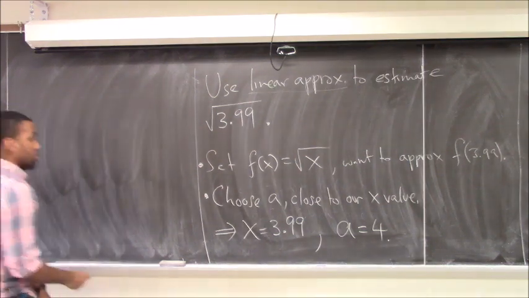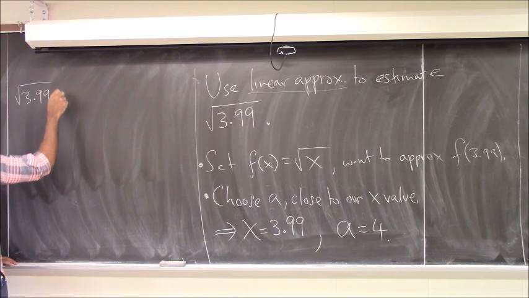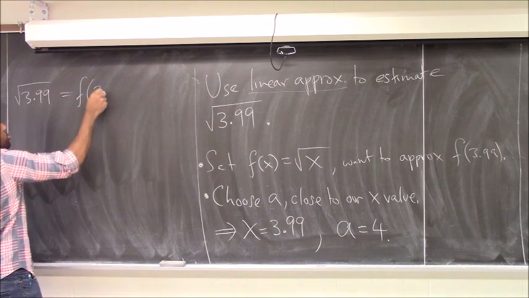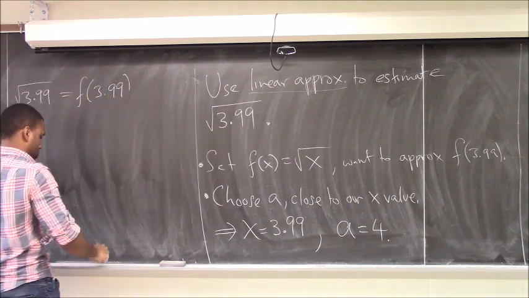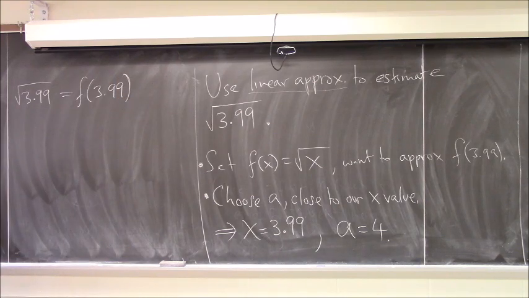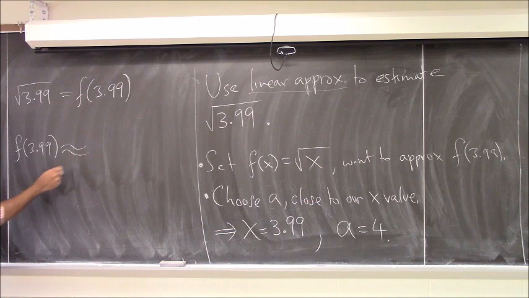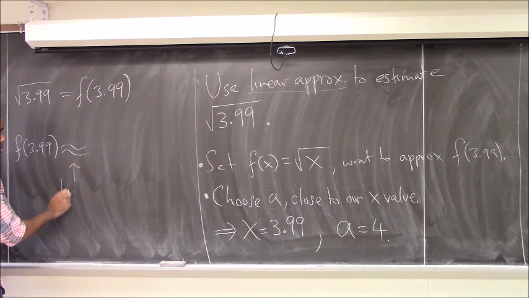So here's what I'm going to do. I know that the radical of 3.99, that's going to be my f of 3.99. And again, I don't know what that is, so I'm going to approximate it. Now f of 3.99 is going to be approximately equal to, here's where I'm going to apply the linear approximation formula.